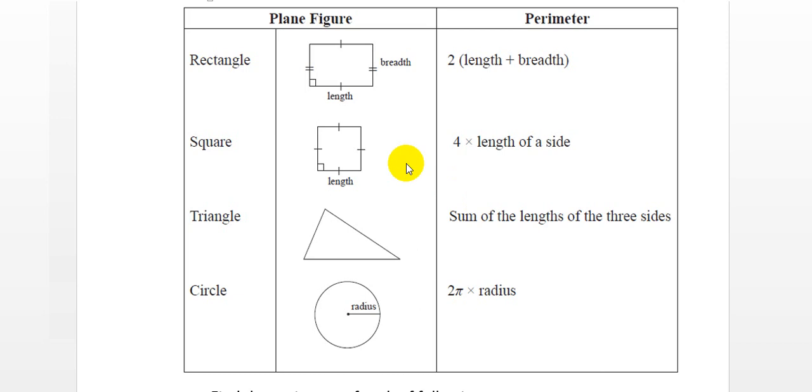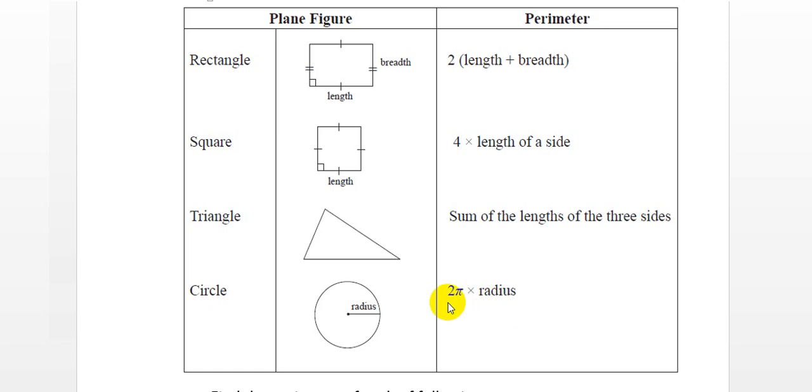Also, if you take a circle, when we calculate the perimeter, in other words, we use a special term called the circumference of a circle. We use the equation C = 2πr. As you can see in the perimeter column, 2π multiplied by r, where r stands for the radius.